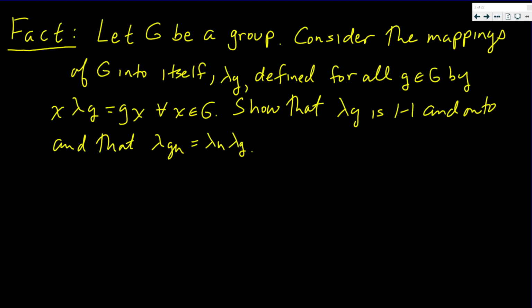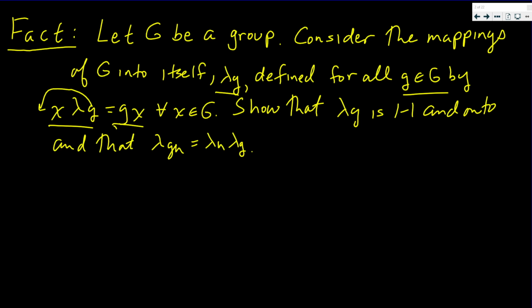In this video, we're going to prove the following fact. Let G be a group and consider the mappings of G into itself, denoted by lambda sub g, defined for all g by x operated on by lambda sub g is gx, or g times x, for all x in G. That is, it's just left multiplication by g.